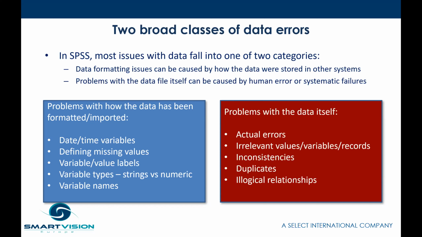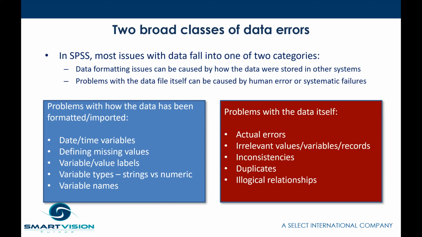So where people have actually put in the wrong numbers, or where the way in which data has been recorded has changed over time, or you've got different departments not being consistent in how they record data. So problems of how the data has been formatted and imported include things like defining missing values. Can you identify what is the null and the missing value?